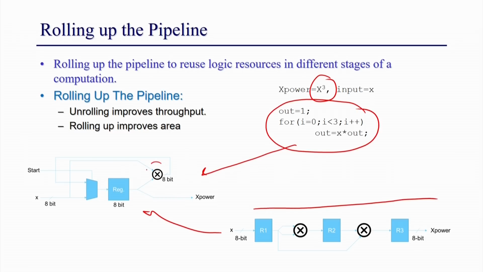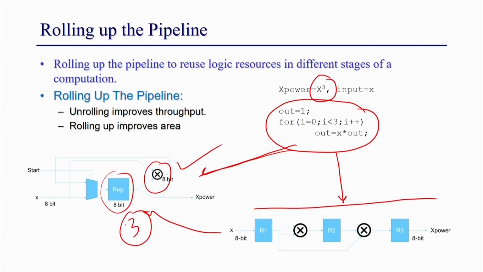So, I have only one multiplier now instead of 2 multipliers, and 1 register instead of 3 registers, right. So, if you just roll this pipeline, this is just the opposite operation. So, this is the iterative implementation and this is the pipeline implementation, and if your area is a concern, then you should probably take this one, but this will take 3 cycles, because your latency will increase, and your throughput will be less, because now we are producing 8 bit in 3 cycles.